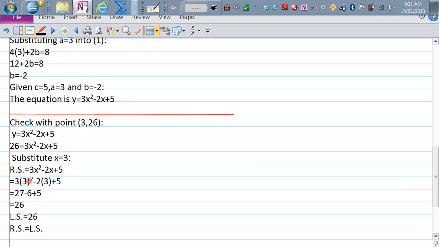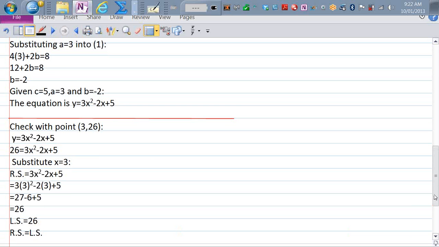So 3 times 3 squared minus 2 times 3 for the x plus 5. 3 squared is 9, times 3 is 27, minus 6 plus 5, that is 32 minus 6, which is 26. So now the right side of the equation equals the left side, so that's a check.